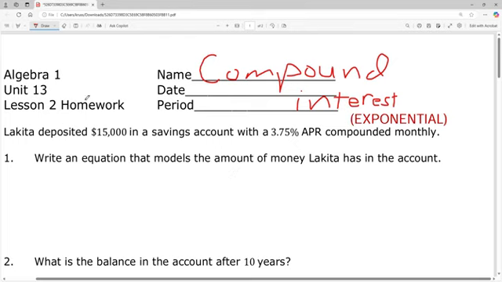One of them, at least, was that y equaled 1 plus r, which was your growth rate for an exponentially growing function, raised to the x. Remember that there was an a term out here.